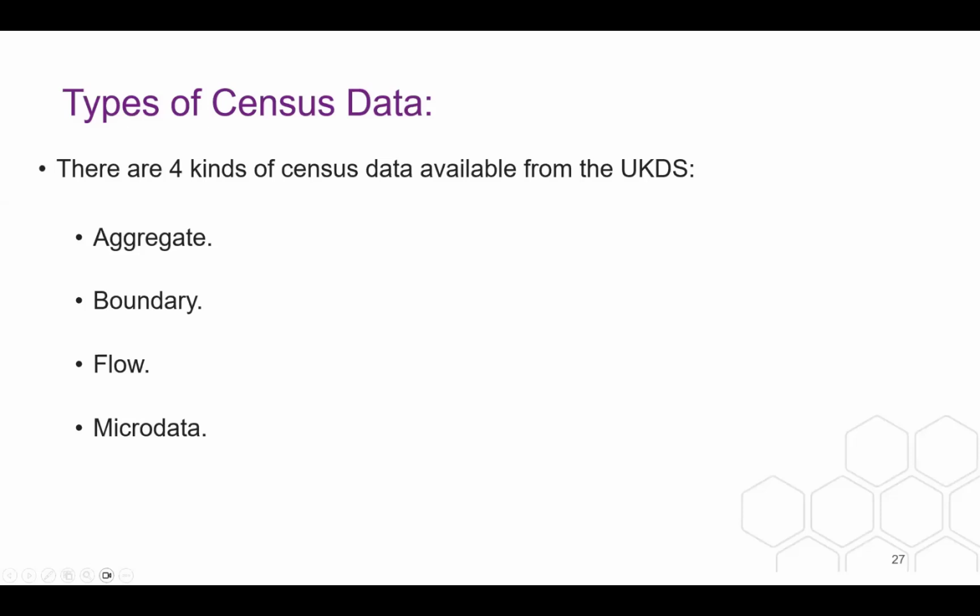Currently, migration and commuting data from the 1981, 1991, 2001, 2011, and 2021 censuses are available through WICID, the web-based interface for our census interaction data.